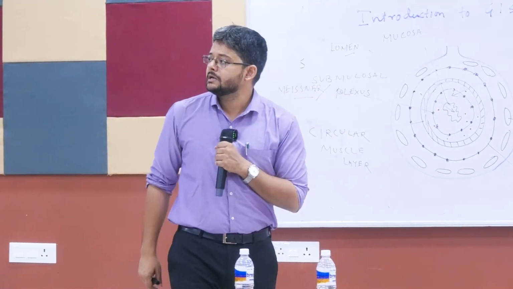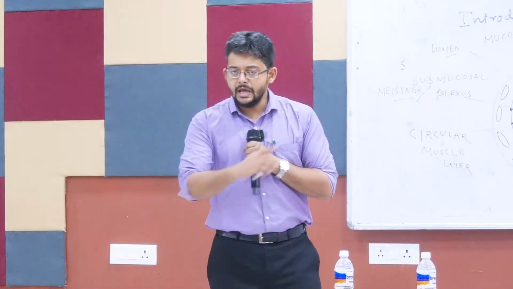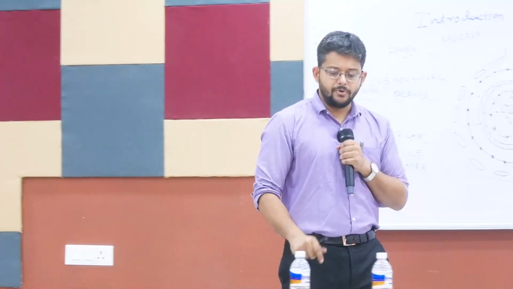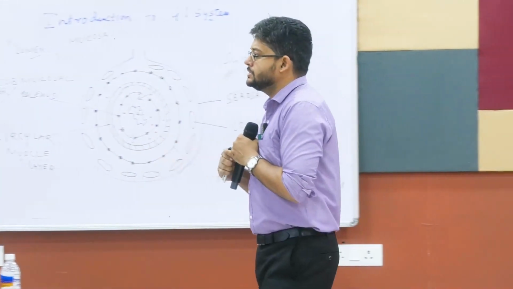Beneath the submucosa we have the mucosa, which is devoid of all this. The mucosa has a few parts: the epithelial layer, the lamina propria, and the muscularis mucosae. These three parts are just for your histology, where you will be revising the same thing. The important thing is that the mucosa surrounds the lumen, so it is the girding part of the lumen, and if there is any breach in the continuity of the mucosa, we call it an ulcer. Okay, clear? So this picture is very important for your exam.